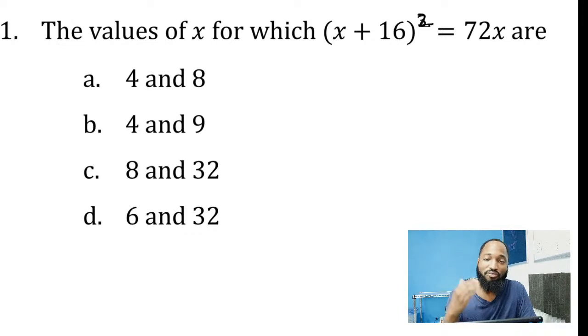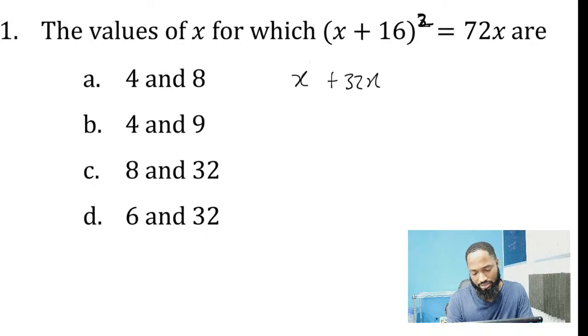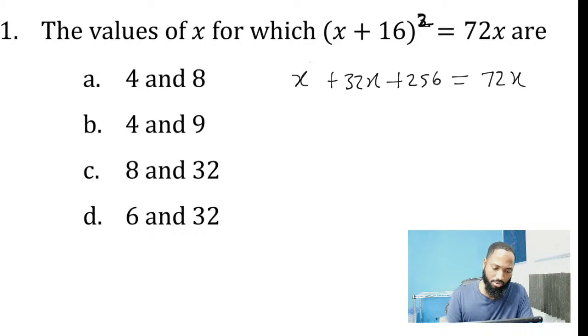Alright? Or factorizing time. Actually, calculator time, them numbers looking rather big. So 16 squared is 256. So we're looking at x squared plus 32x, plus 256 is equal to 72x. Bring that across.